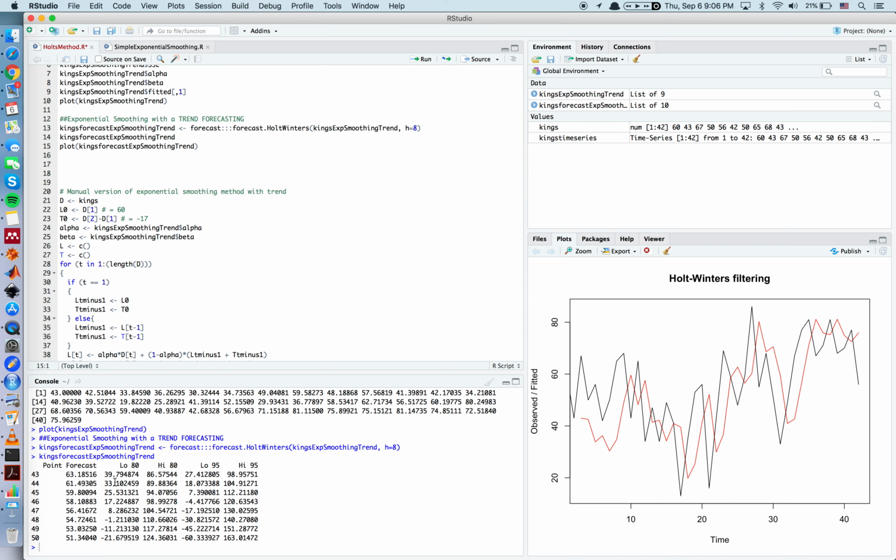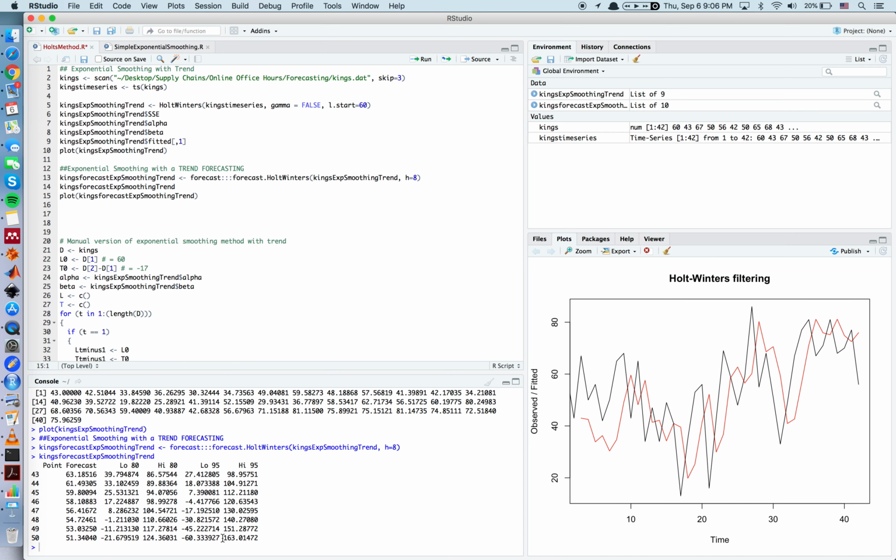Notice that forecasts are not constant. There is going to be a trend into the future, and it's actually decreasing. That means our final estimate for the trend must actually be negative. And we can figure out what that final estimate of the trend is.